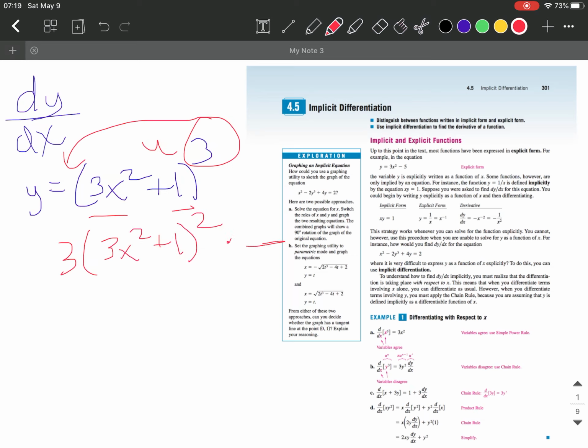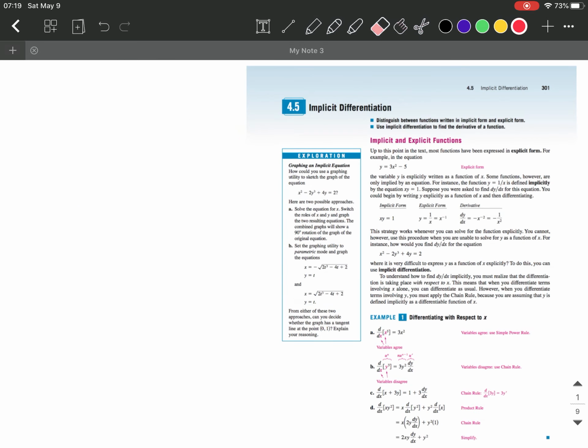And then you multiply times the derivative of the inside part. And that was the chain rule. That's pretty much what we're going to be doing today, except we're not going to work it out. We're just going to write y prime wherever you have to find the derivative of the other part, or the inside part. Okay, so let me show you with examples.